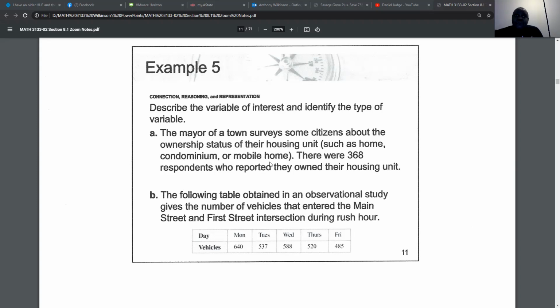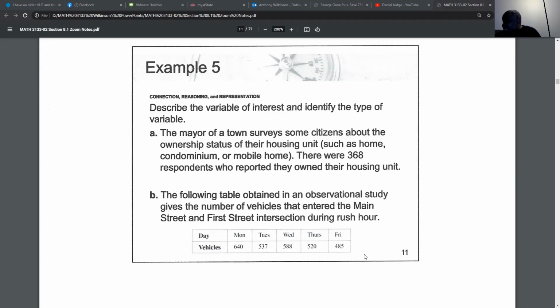That's a categorical variable in this case, or qualitative variable. Now in part B, the following table obtained in the observational study gives the number of vehicles that entered the Main Street and First Street intersection during rush hour. And here's that table. We want to determine if it's categorical or numerical.